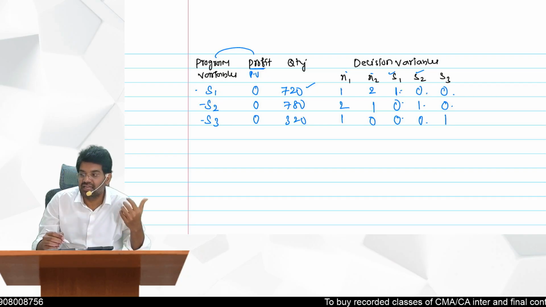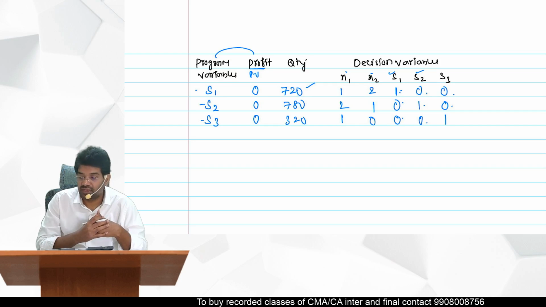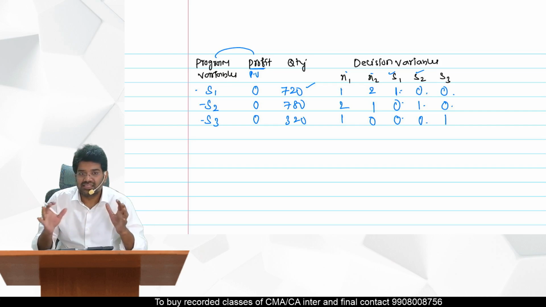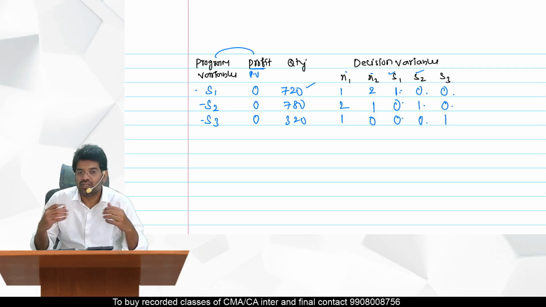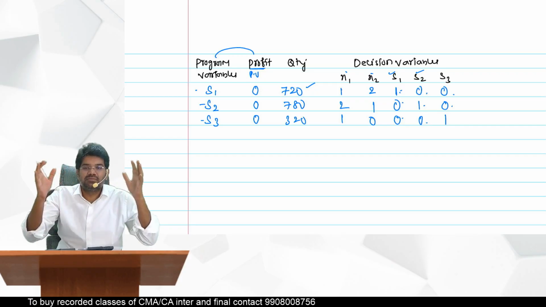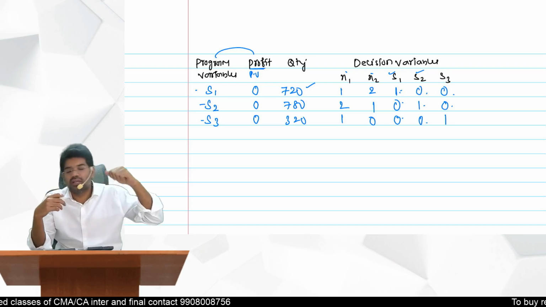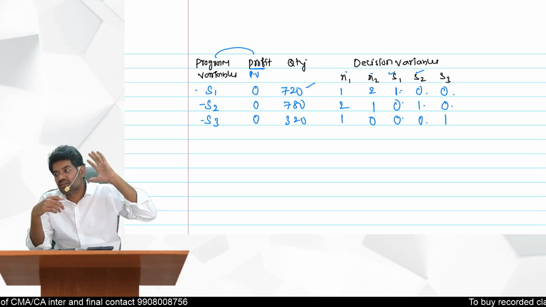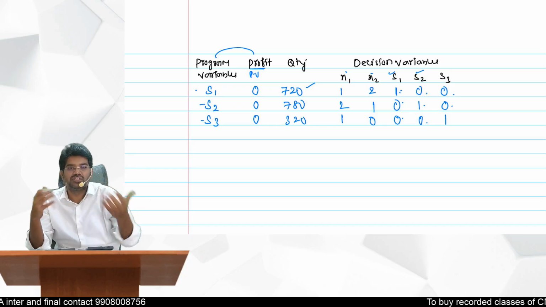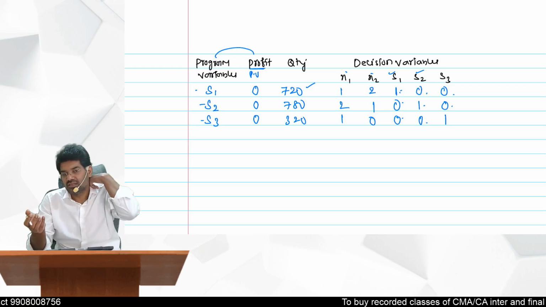If I take X1, X2 directly, I will not get a unit matrix for the initial simplex table. But what is the logic behind that? The initial simplex table is prepared assuming that the number of units of x1 and x2 is 0. If the units of x1, x2 are 0, naturally the values of s1, s2, s3 are also 0.